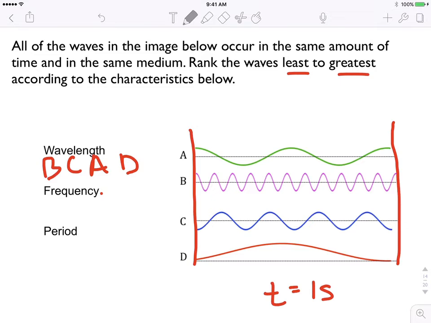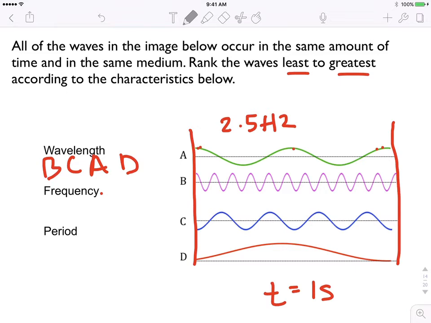So how many wavelengths are occurring in A? 1, 2, 3, and following the Jack Gay method, since we start and end with the crest, that means we're 1/2 less than what we have here. So since we have 3 crests, and it starts and ends with a crest, that means we have 2.5 wavelengths, so 2.5 hertz.